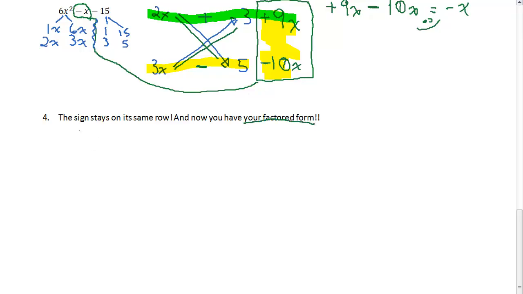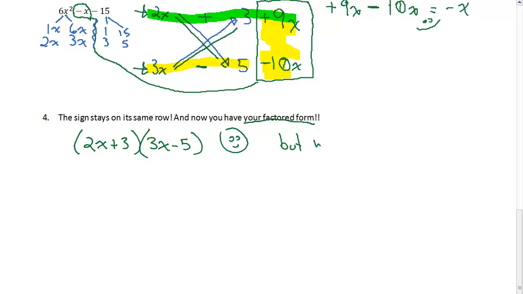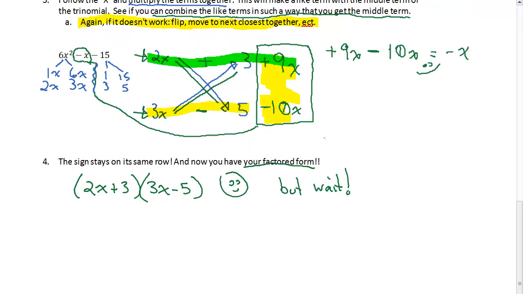What are the two factors? The two factors are 2x plus 3 from this row right here, and from this row right here, 3x minus 5. And this makes us super happy. But wait, there is one last thing that we have to do.